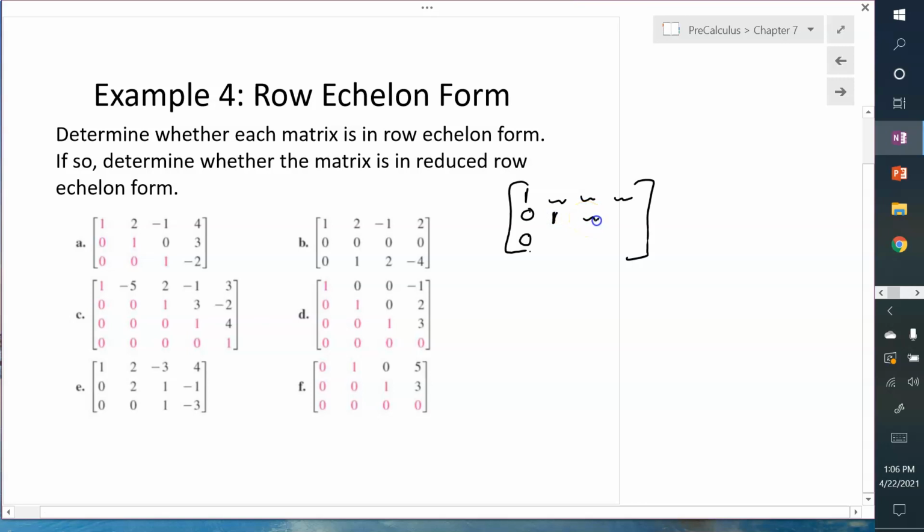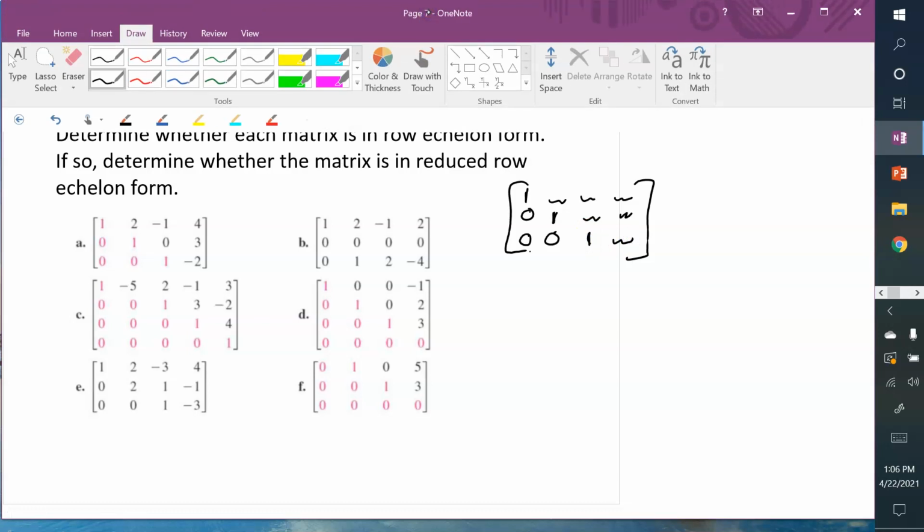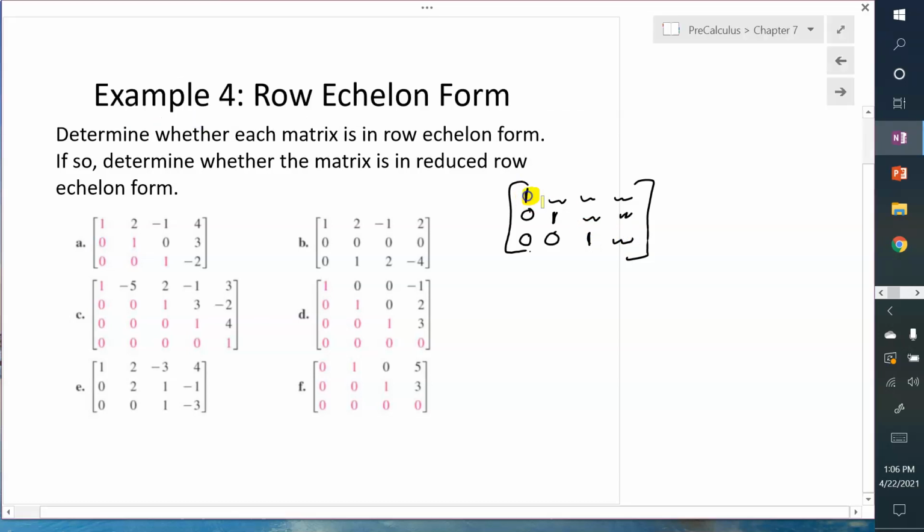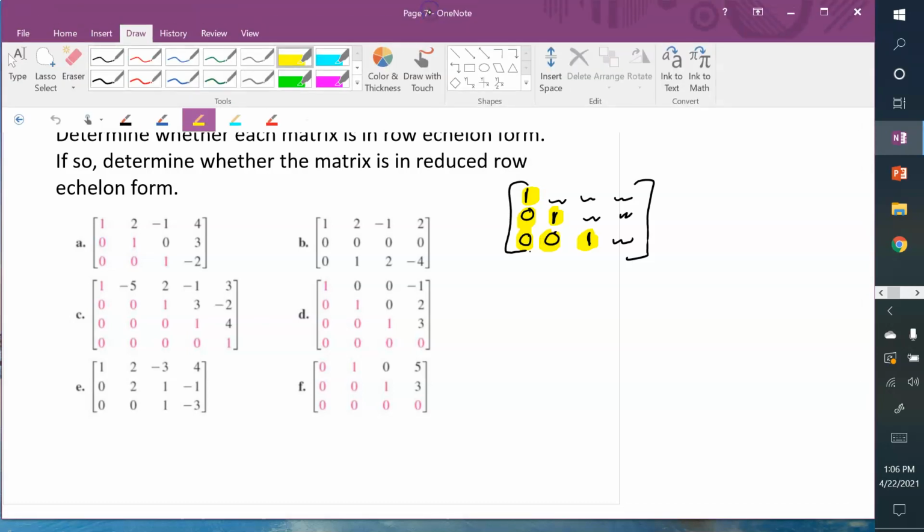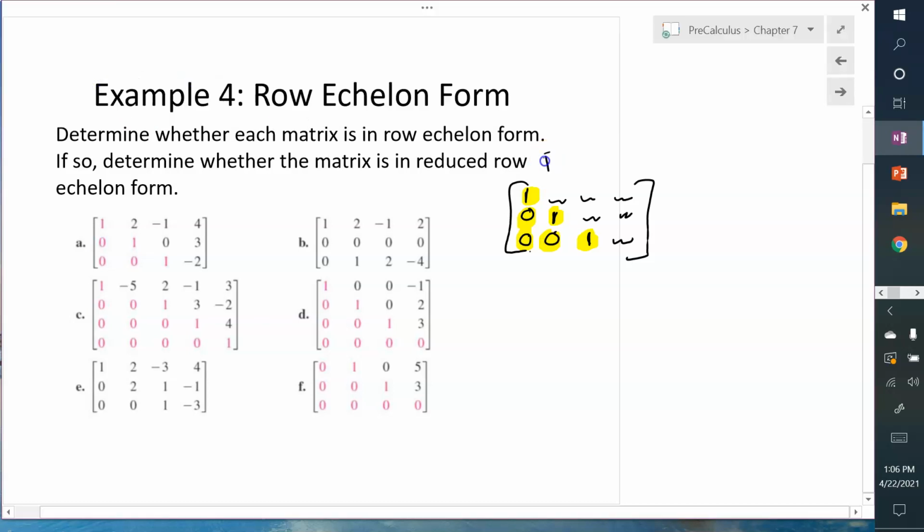And then anything over here. Underneath it is a 0. And then the third row, third spot has a 1 there, then anything over there. So what we're looking for is 1s here, and then everything to the left and below is 0s. So that little triangle of shaded stuff to the left, that's what tells us that we're in row echelon form. So this is row echelon.